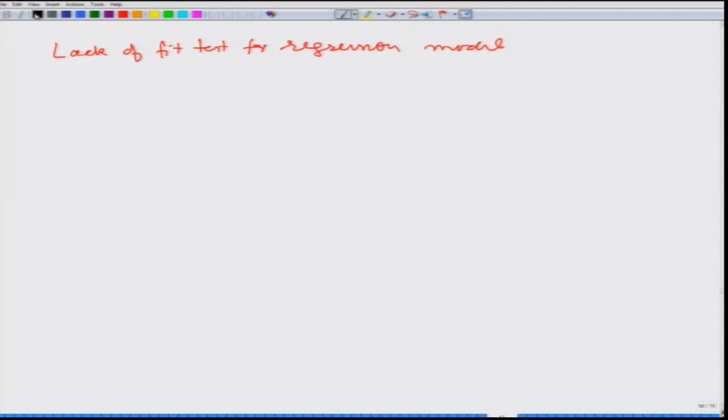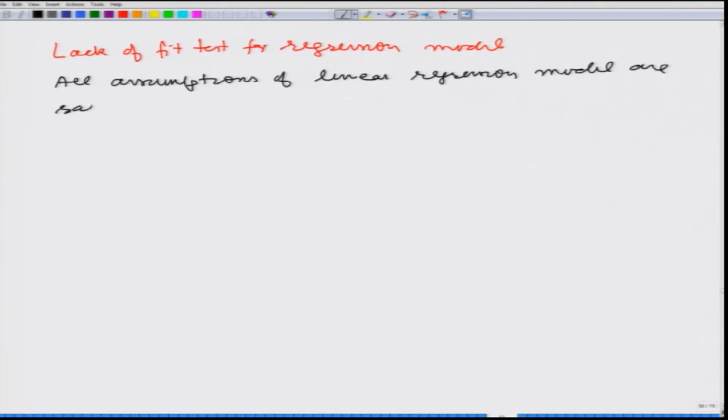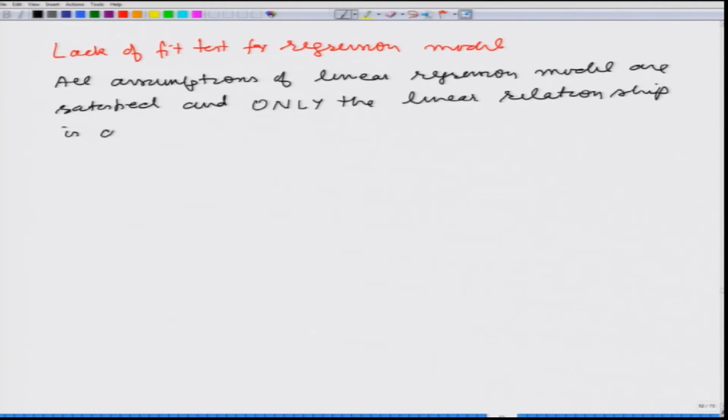In this case, we are assuming that all assumptions of the linear regression model are satisfied, and only the linear relationship is in doubt, is doubtful.